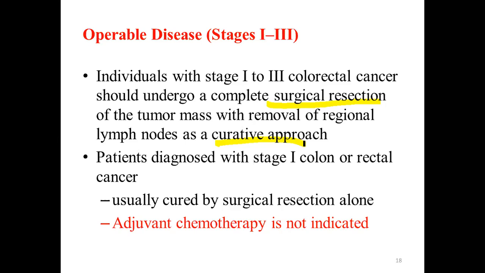If a patient has stage 1 colon or rectal cancer, surgery alone can usually be sufficient, and guideline-recommended adjuvant chemotherapy is not indicated because there is no difference in outcome whether you do surgery plus chemotherapy or surgery alone in stage 1 cancer.